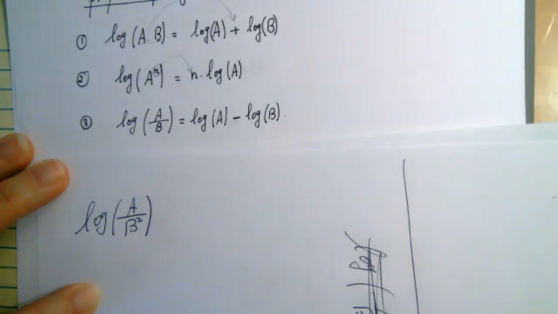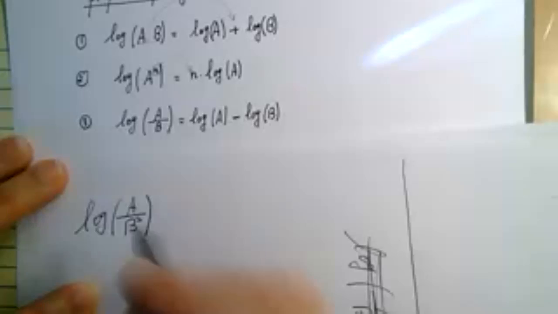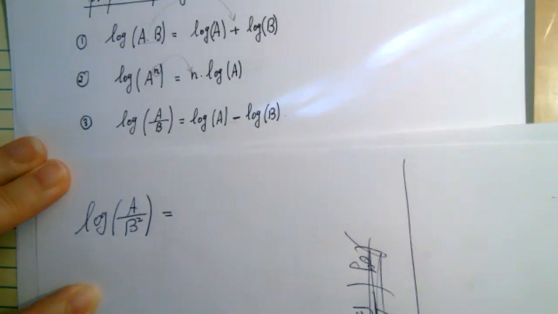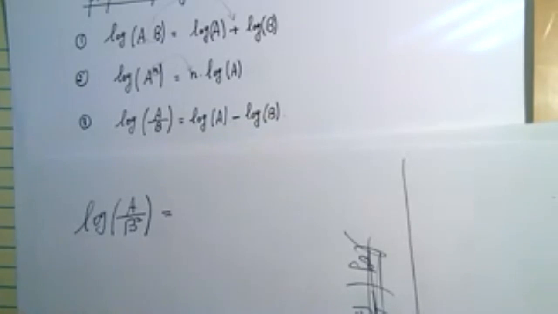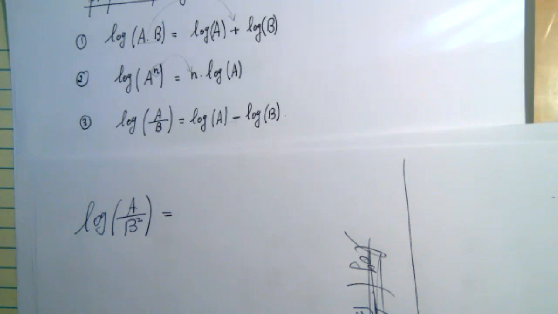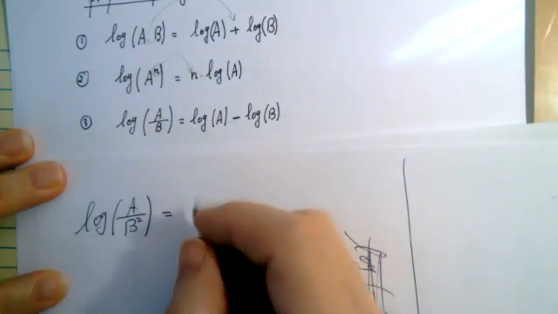Again, you have to use the given property. Which one do you start with? You do it slowly. Number 1? It has to be number 3, because you have A over something.